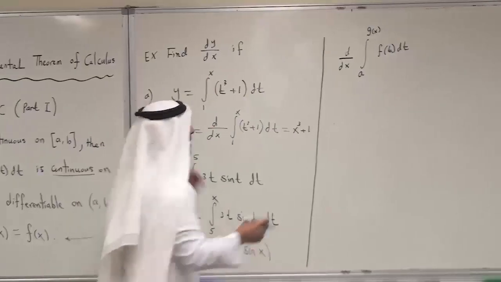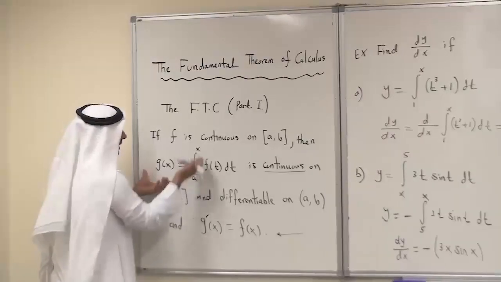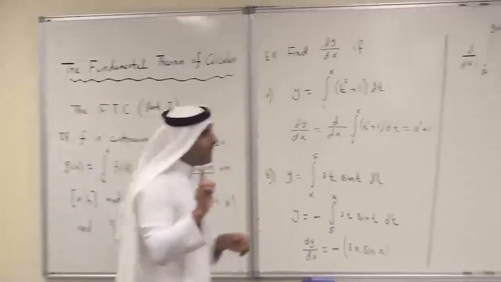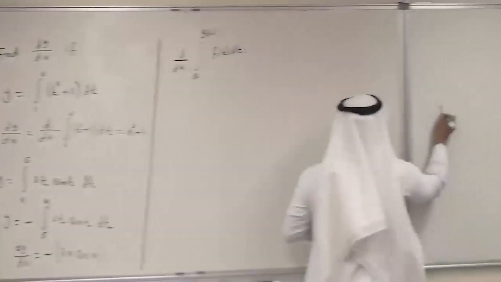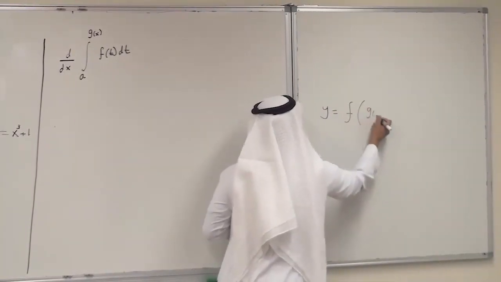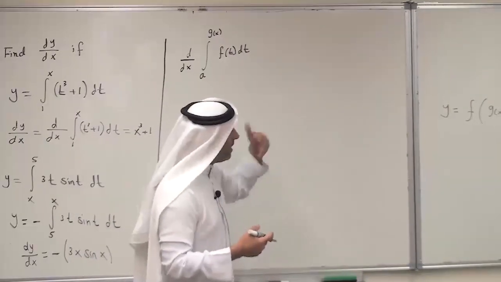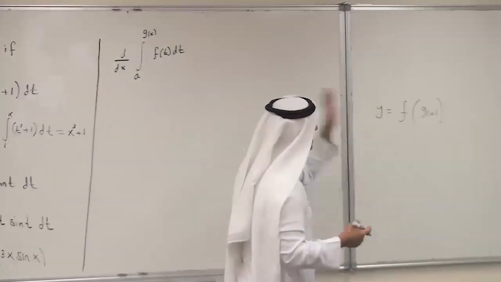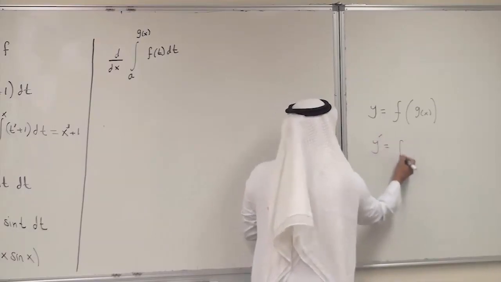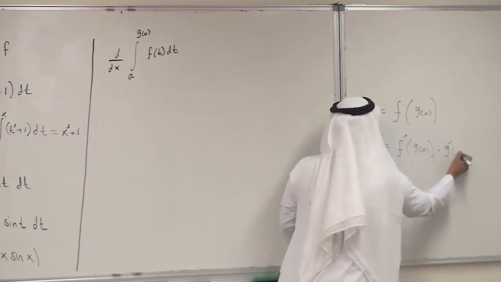So what should we do? This is not exactly the form of the function we defined from a to x. We are changing x now into a function of x. If you remember, we did something like this in calculus 1: if we have f and we have here g of x, with differentiability conditions, f is differentiable and g is differentiable, then we have the chain rule that says the derivative of y is f prime at g of x multiplied by g prime of x.